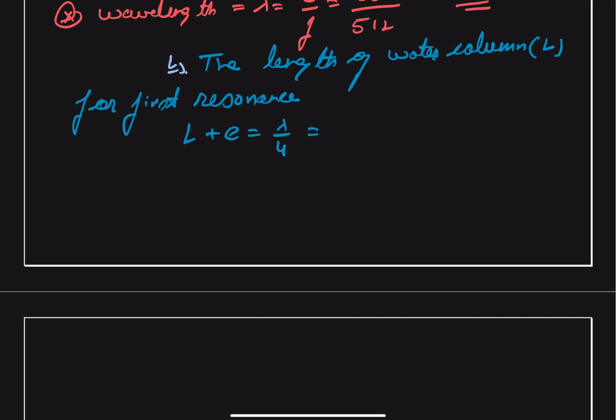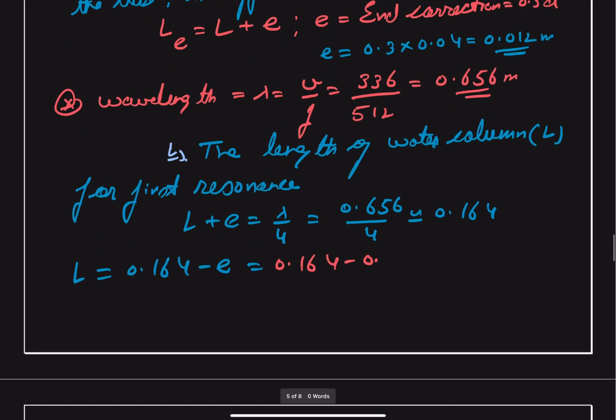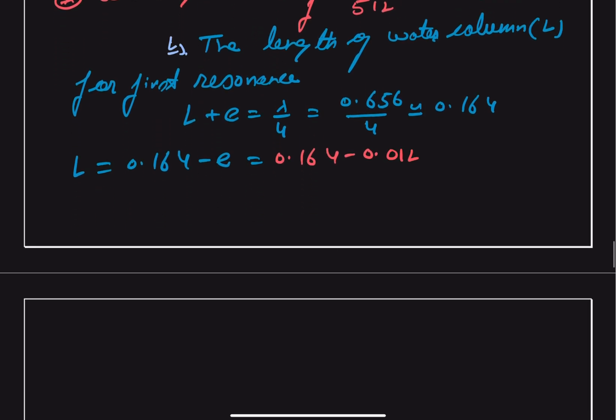Lambda was our 0.656 divided by 4, which is approximately equal to 0.164, and we also know our E, so we get our L is equal to 0.164 minus E, and substituting value of E, 0.164 minus 0.012, and this gives us 0.152 meters, and the options that are given to us are in centimeters.